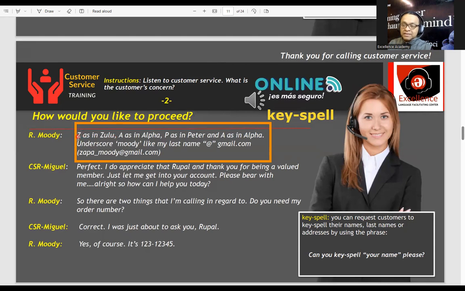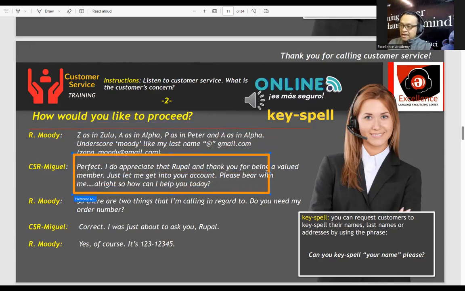So here she says Z as in the word Zulu, A as in alpha, P as in Peter, A as in alpha, underscore, which is this line that goes below, Moody, like my last name, at gmail.com. So that is to key spell. So she helps the agent by key spelling.